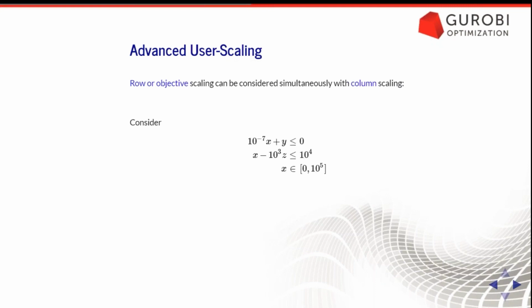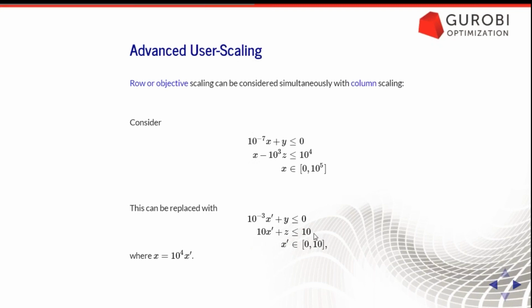Let's say that I have this problem: 10 to the minus 7 x plus y, and x plus 10 to the 3 z less than or equal to 10 to the 4. What I can do is replace x with 10 to the 4 x prime. And then I get this constraint on top. But later on, I can also simplify this constraint.